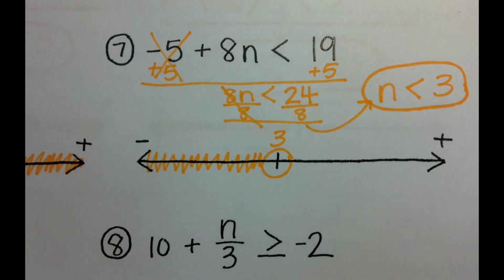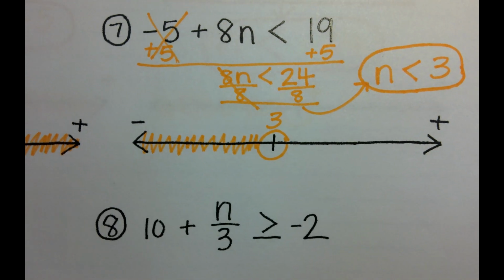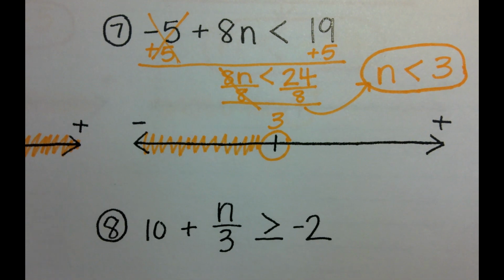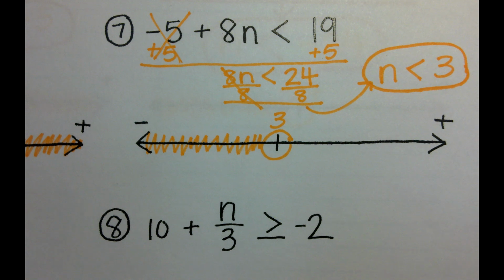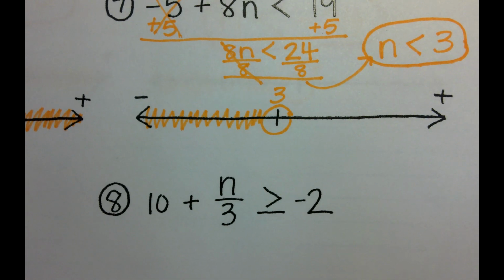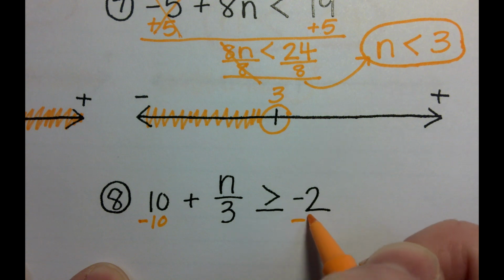Okay, we're gonna move on to this last one, number 8. So number 8, another two-stepper. We've got 10 plus n divided by 3 is greater than or equal to -2. What should I do first? Take away 10 on both sides. Yes, let's take away that 10. We're gonna subtract 10 from both sides.